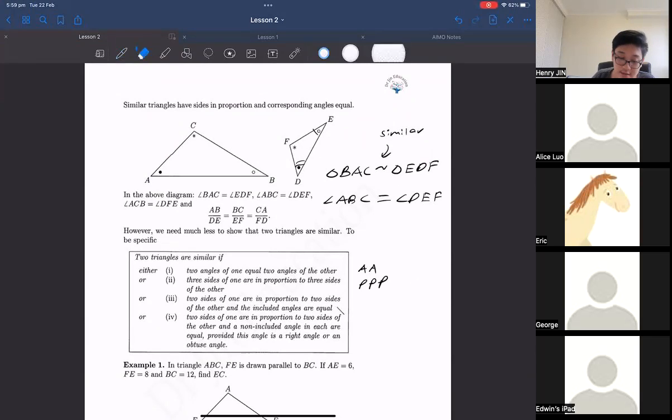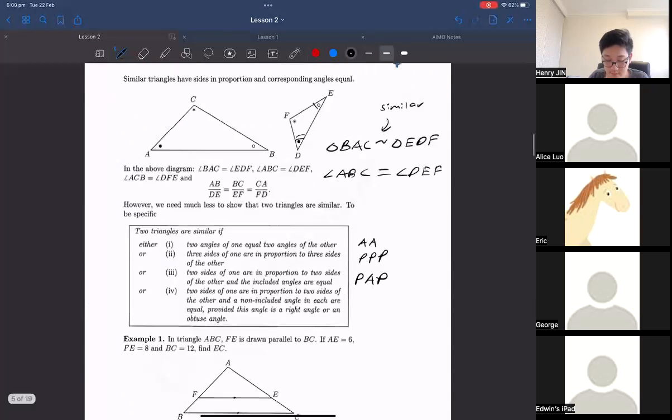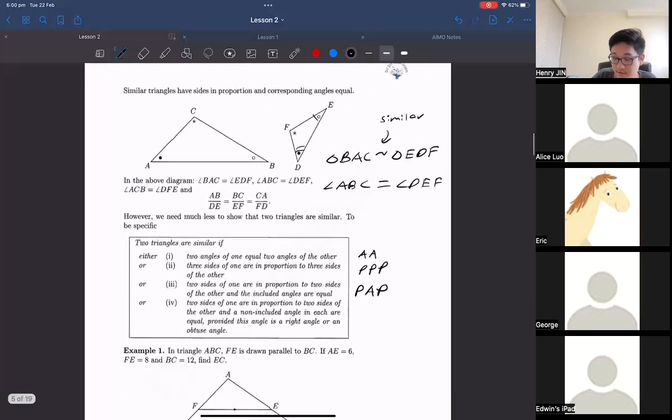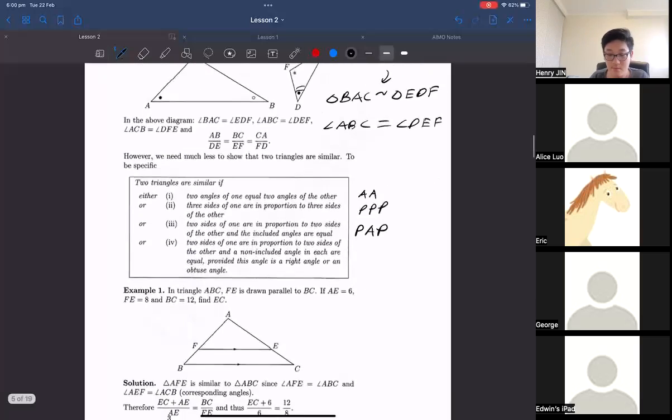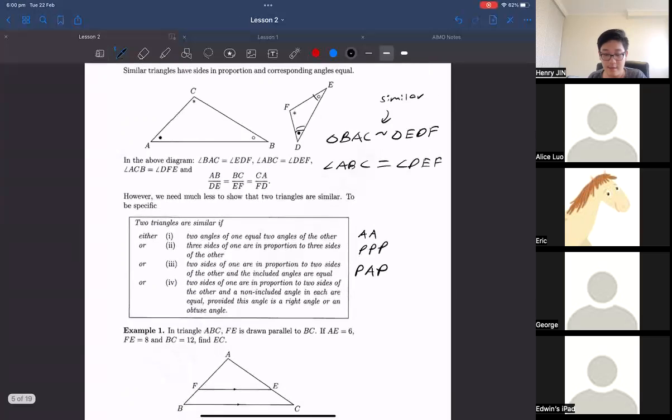Another condition is two sides and the included angle. Included angle means the same as with congruent triangles. If I have these two sides, you should always use the angle in between. The condition is called PAP, proportion angle proportion, same as SAS from congruent triangles. And the last one is IHS, the same thing as your congruent.